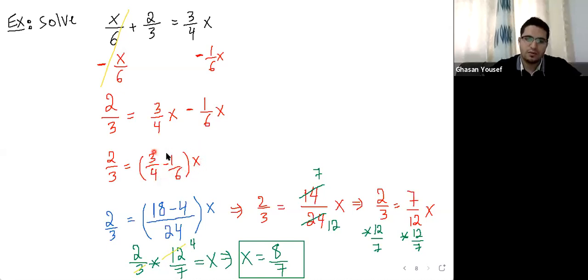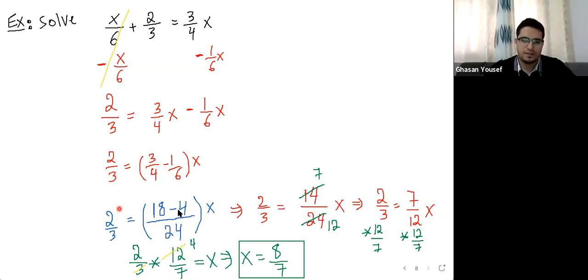Now, because the denominators are not equal, I try to cross multiply. Some students say we can find the least common denominator, but I prefer cross multiplying because it's easier in this step. So 3 times 6 is 18, 4 times minus 1 is -4, over 4 times 6 is 24.